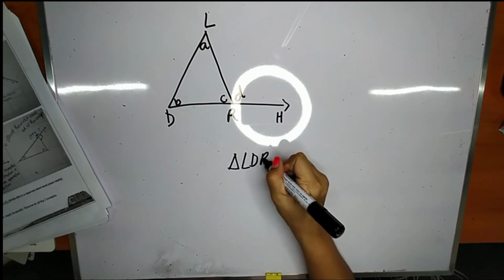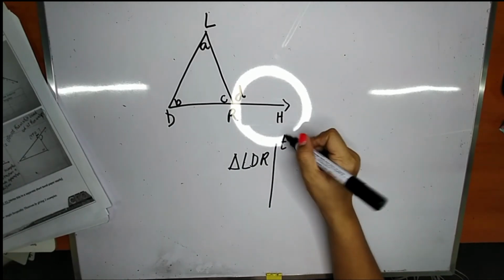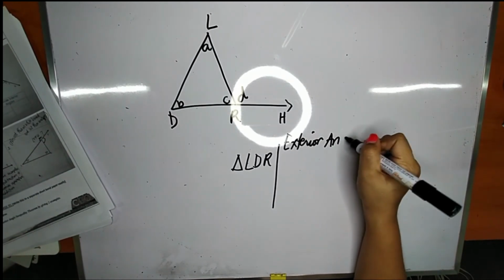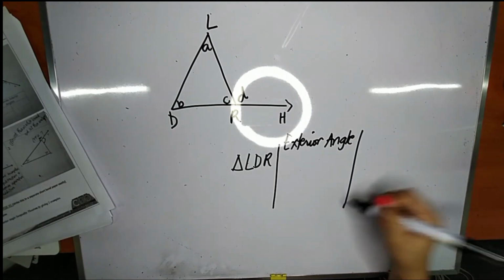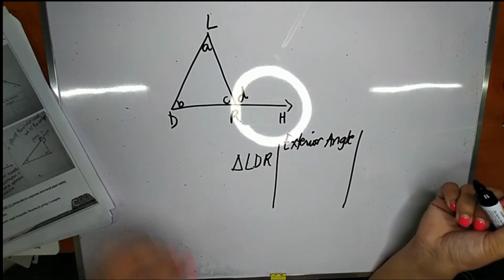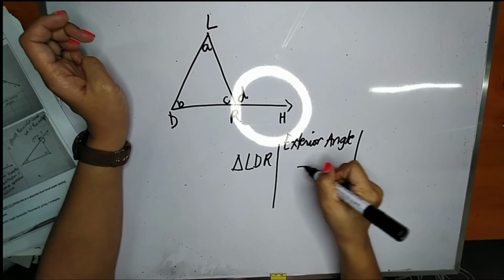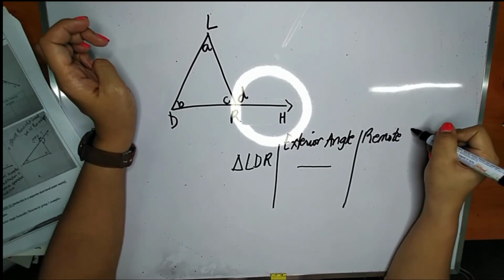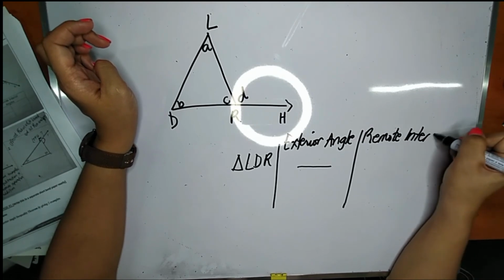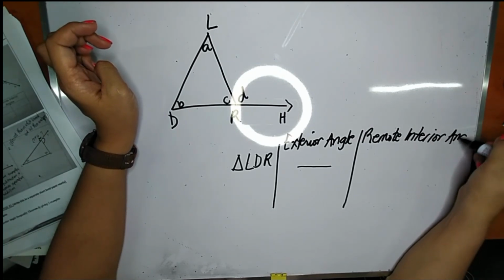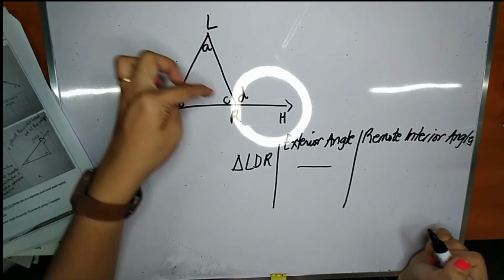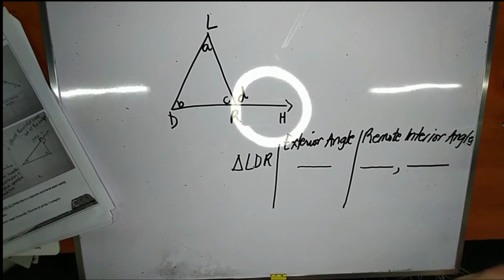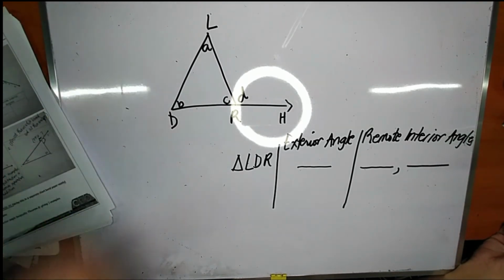You're going to identify the exterior angle. You can see in the figure where the exterior angle of triangle LDR is. So we will put it there, and then we will also write down the remote interior angles. There are two of them with respect to our exterior angle. So what are the two angles that we call remote interior angles?